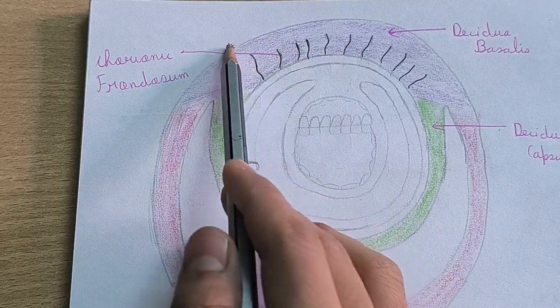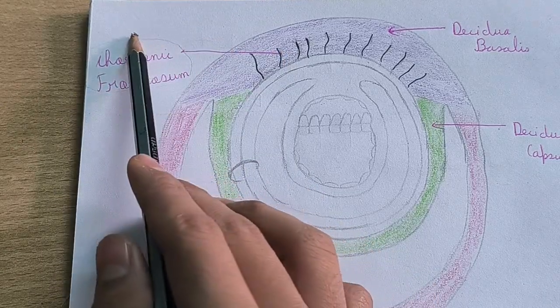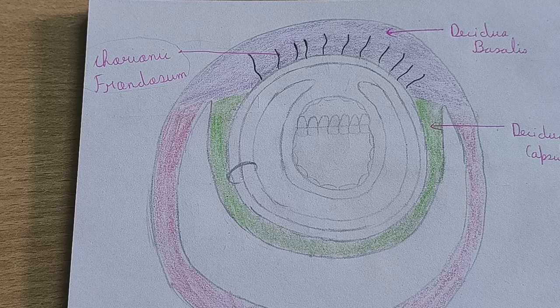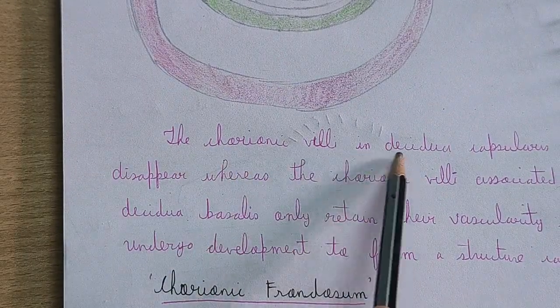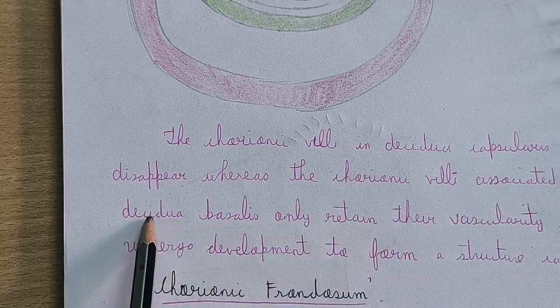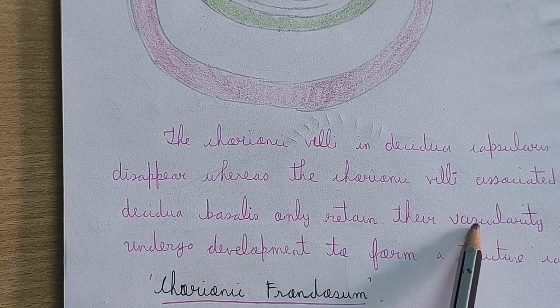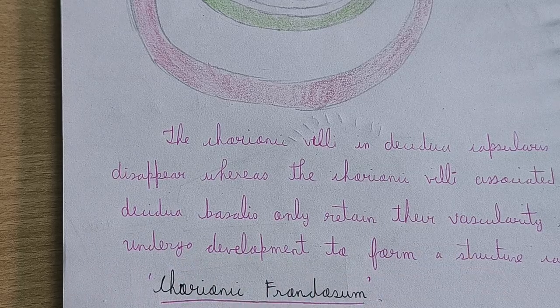As a result, these chorionic villi are converted into the chorionic frondosum. So I have written that the chorionic villi in Decidua Capsularis disappear, whereas the chorionic villi associated with Decidua Basalis only retain their vascularity and undergo development to form a structure called chorionic frondosum.